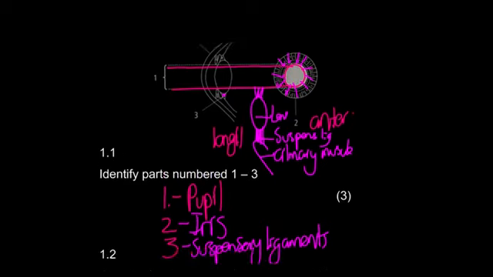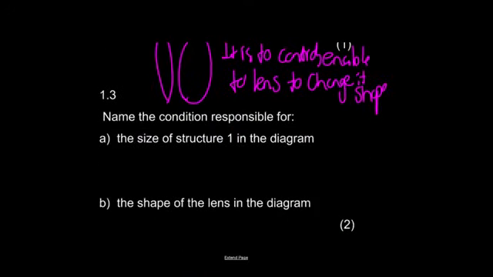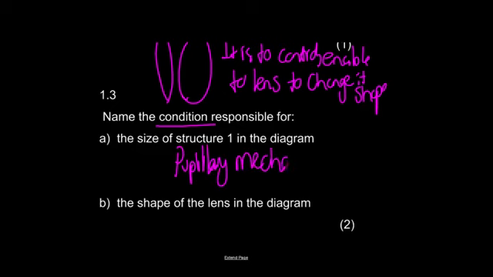Now, what is going to change? All right, it's asked you, name the condition. And we call the condition, and that's what we're going to look at now, a pupillary mechanism. And what does that mean? Quite simply, I need to make my pupils different sizes because I need to control the amount of light.